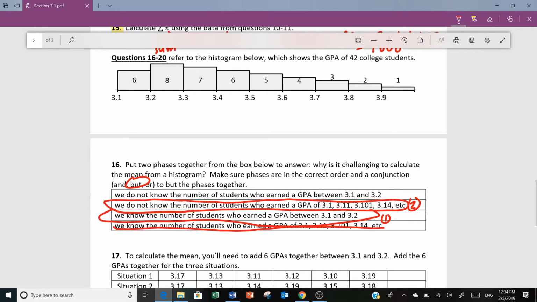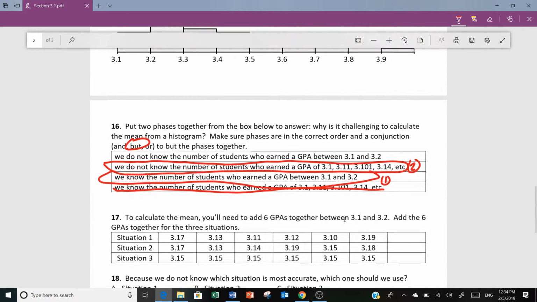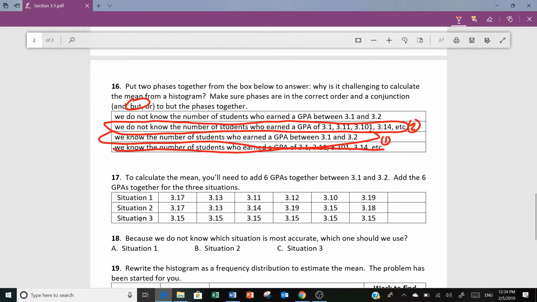Okay, so that gives us sort of a dilemma. So how do we find the mean? That's the problem, because we have to add all the values together. Well, any one of these situations could be possible for our 6 values that are between 3.1 and 3.2. In situation 1, are all these values between 3.1 and 3.2?